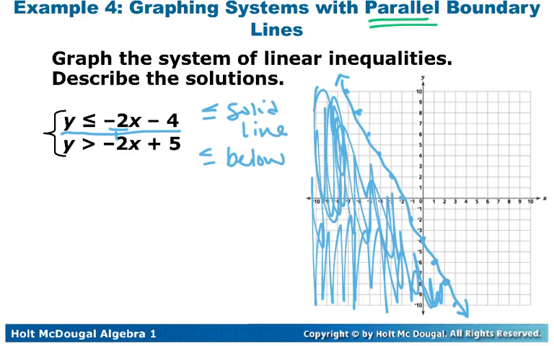Alright, and then the other one, we've got y equals negative 2 over 1, same slope, but now we're intercepting at 5. So down 2 over 1, down 2 over 1.